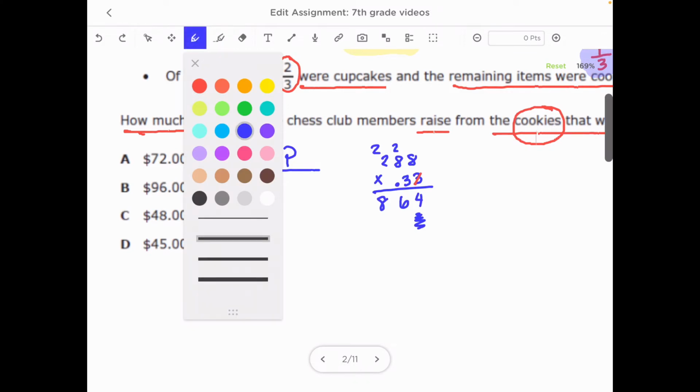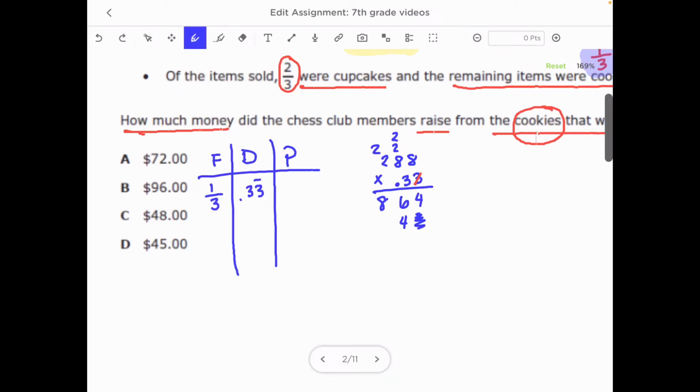And because it is, again, multiplying by 3, it's going to be the same numbers again. 3 times 8, that's 24. Carry the 2. 3 times 8, that's again 24, plus this number 2 over here, that is 26. Carry the 2 again. 3 times 2 is 6, plus this number 2 is 8.